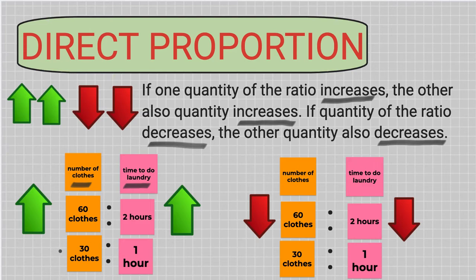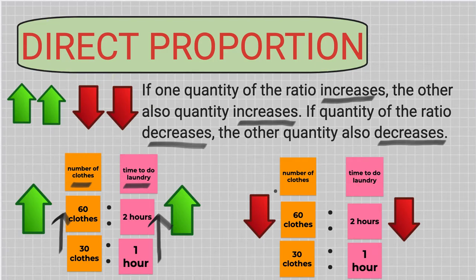Now, if the number of clothes increases from 30 to 60, of course, there will also be an increase in the number of hours washing the clothes. From 1 hour, it becomes 2 hours. So this is an example of a direct proportion. If there is an increase in one quantity, there's also an increase in the other quantity.